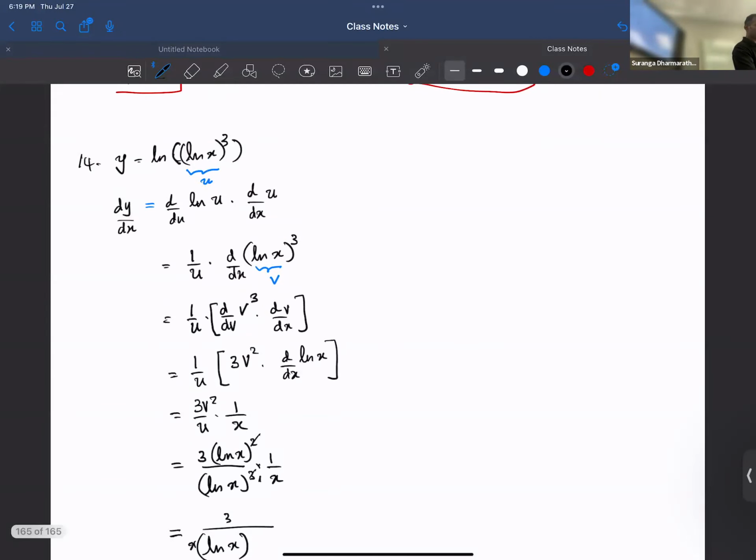Hope that I have enough space here. So 23, find d over dt of log base 3 of sin t.